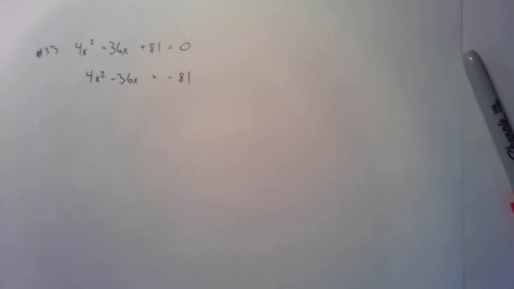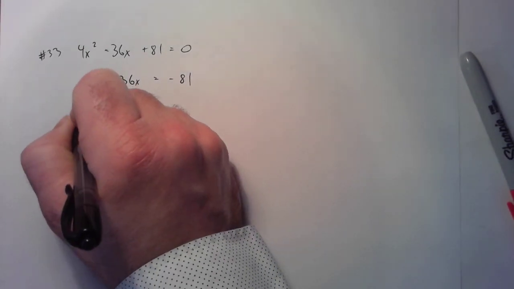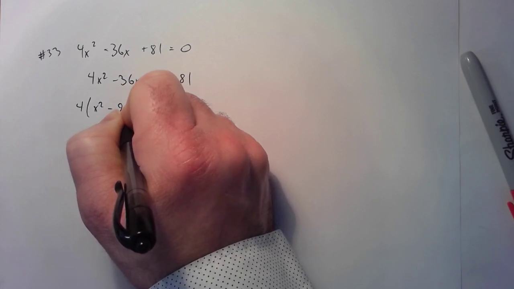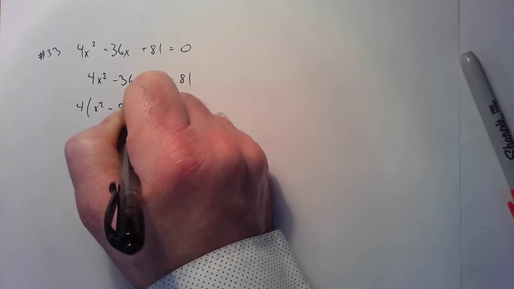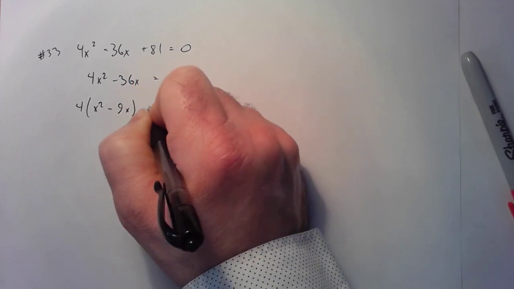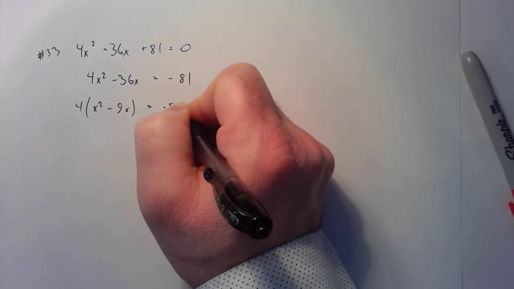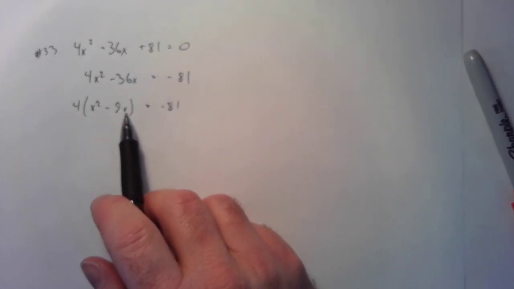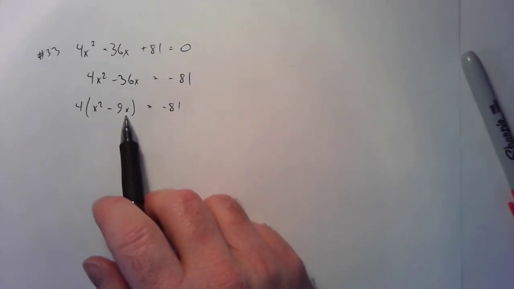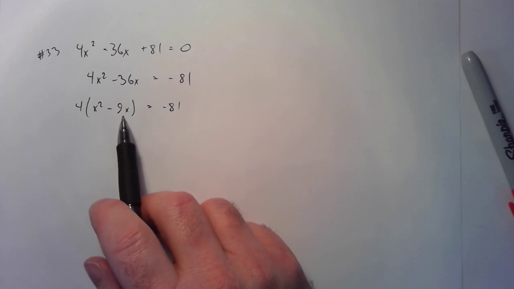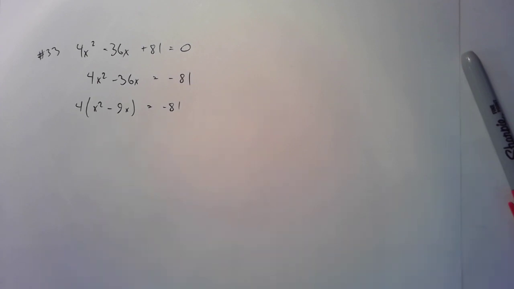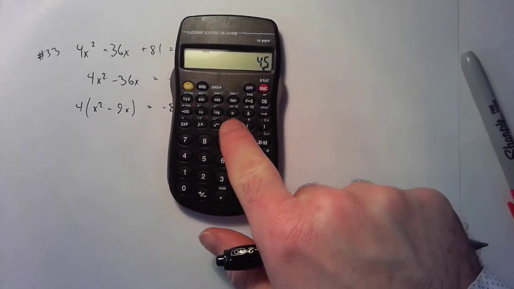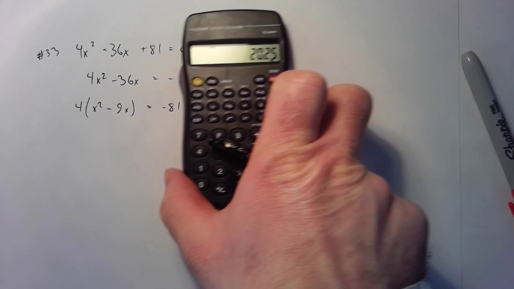All right, so if we're going to complete the square, it might also help to factor out a 4. 4 times 9 is 36. What is half of 9? 4.5. 4.5 squared is 20.25.